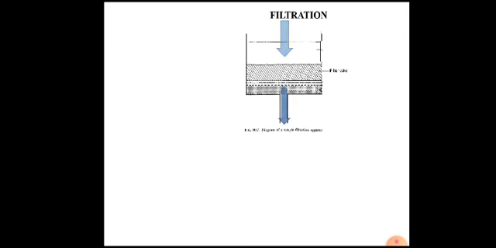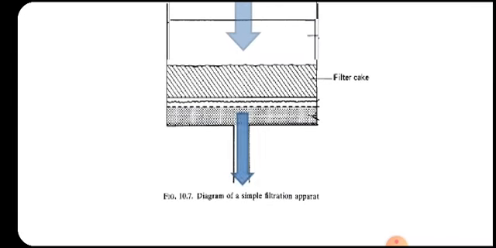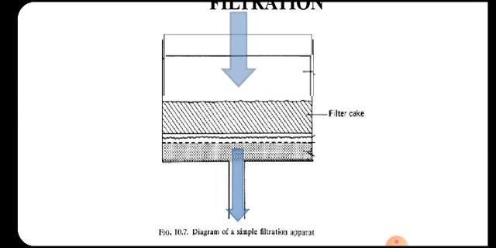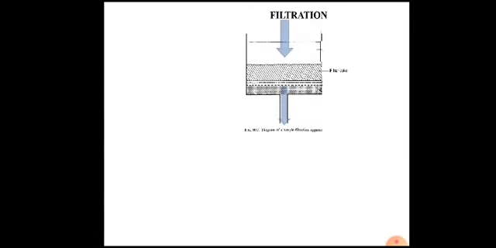As the filtration progresses, the solids get deposited onto the filter cloth, which leads to the formation of a filter cake. That means the solid impurities. As the thickness of this filter cake increases, the resistance to flow will increase. That means the flow of fermentation broth will decrease.